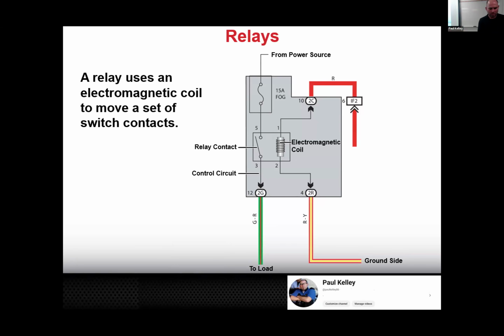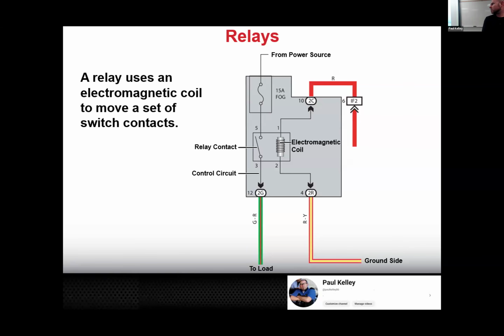How would you test it? Well, you could be like, oh, let me make sure I've got 12 volts here. Let me make sure I've got ground here. And if you have 12 volts and ground here, you should be hearing a click, right? And if it's not clicking, I would suspect you may have an open coil. But there's another good test you can do.